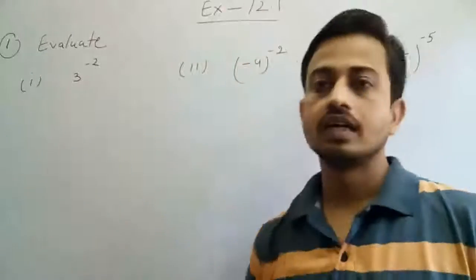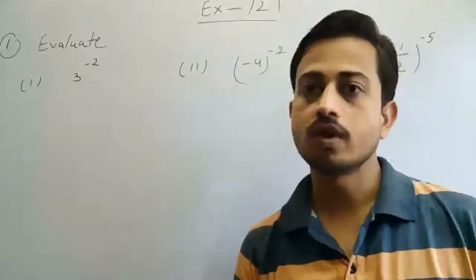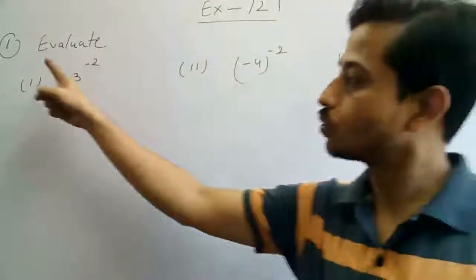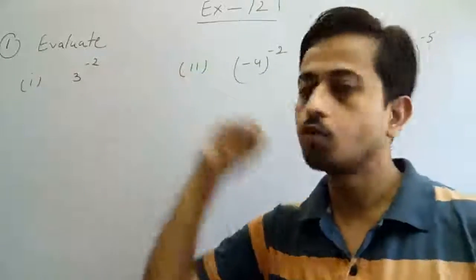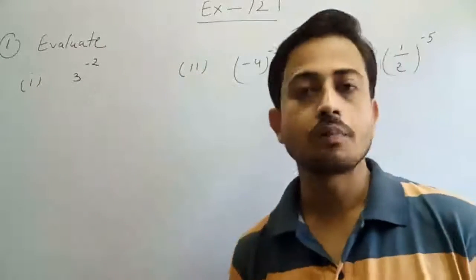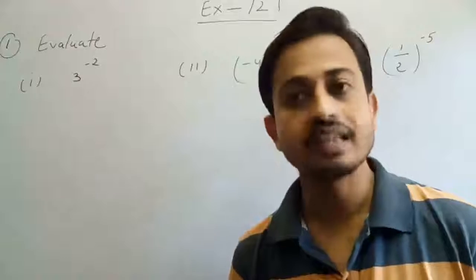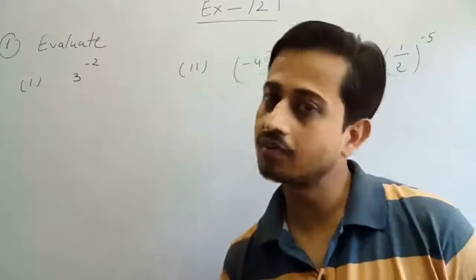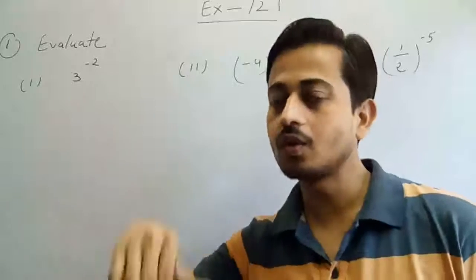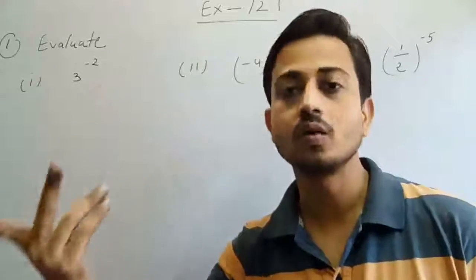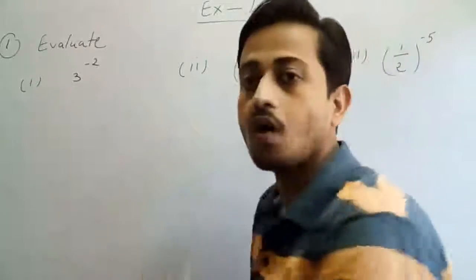Now I am doing question 1 from the exercise 12.1. So the question number 1, we have to evaluate part 1. 3 raised to the power negative 2. Again the power is negative. We have to move, whether we have to move numerator to denominator or denominator to numerator. It is present in what?